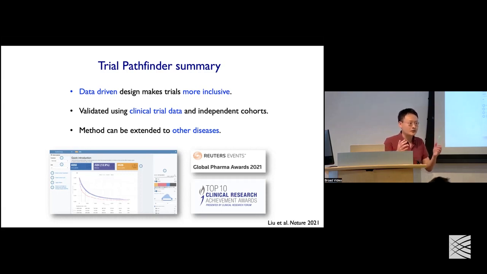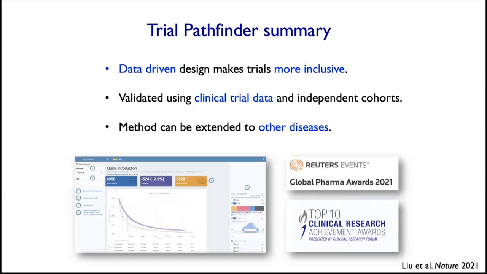Some would use a bilirubin threshold of 1, others use 2. That's a natural experiment that we can use to say, okay, the algorithm said that in this case, a threshold of 2 would enroll more patients and we'd have no more side effects. And then we find there's a company like Genentech that actually used a threshold of 2, and they didn't have any more side effects and they had better outcomes. So that would be a way to use the natural variation in clinical trials to validate the algorithm.